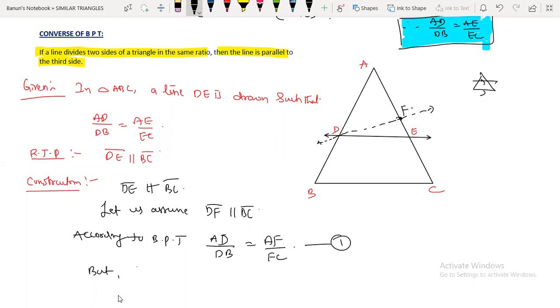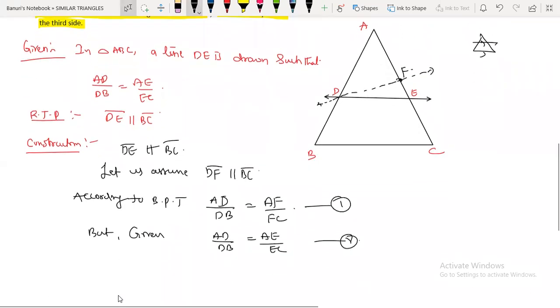But what is given is AD by DB is equal to AE by EC. So when this is true, both are for AD by DB only.